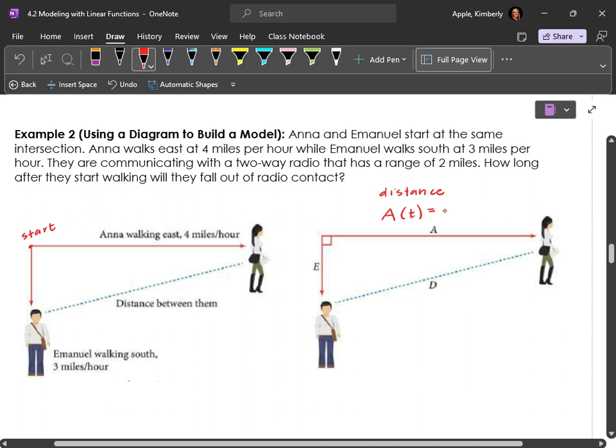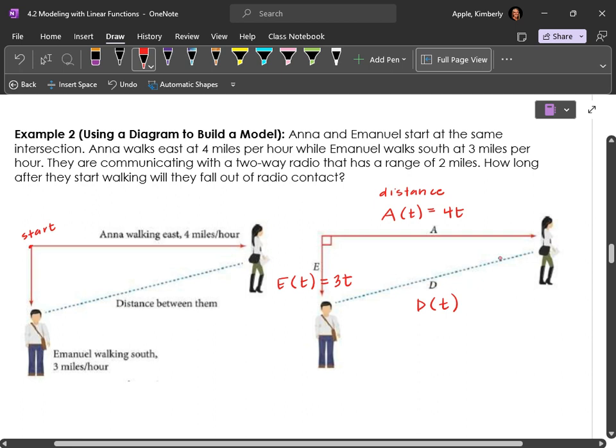And we would calculate that at 4 times t, the number of hours she walked. And similarly, we could do that for Emmanuel's distance. And that would be calculated as 3 times t, by the 3 miles an hour times the number of hours he's walked. And then this distance that they are from each other, we need that as a function of time as well, right?